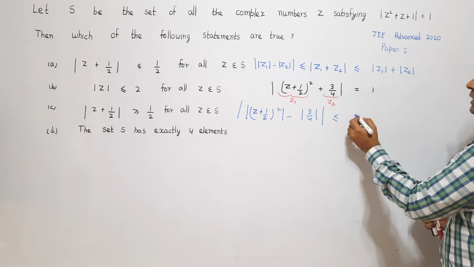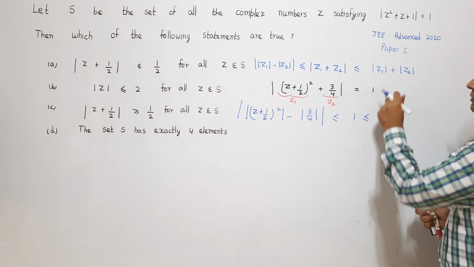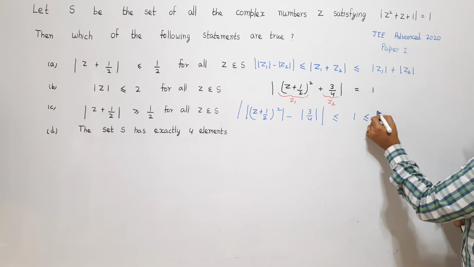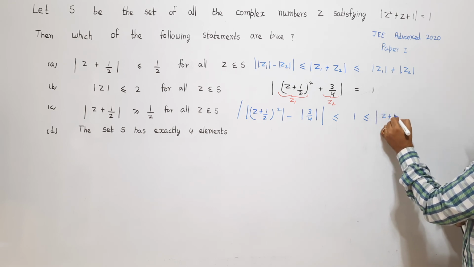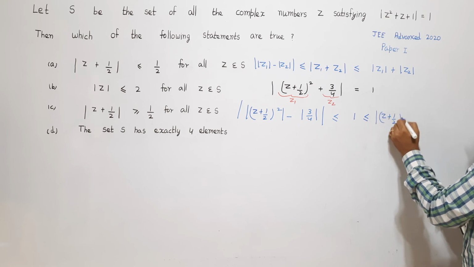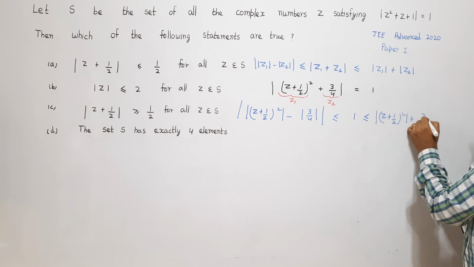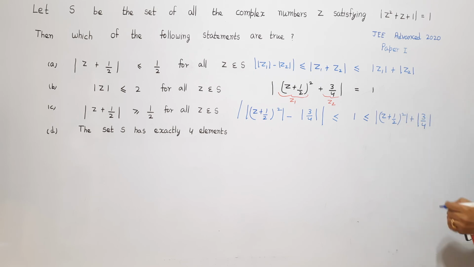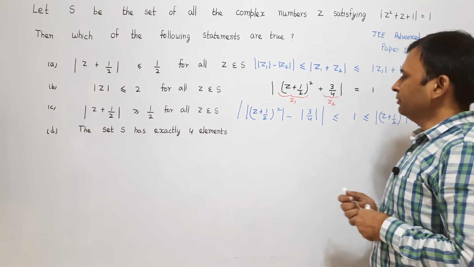Correct? So I am writing it as 1 only, and here we have mod of Z1 plus mod of Z2. So mod of Z1 means Z plus 1 by 2 whole square, plus mod of Z2 means plus 3 by 4 mod. I can write like this.